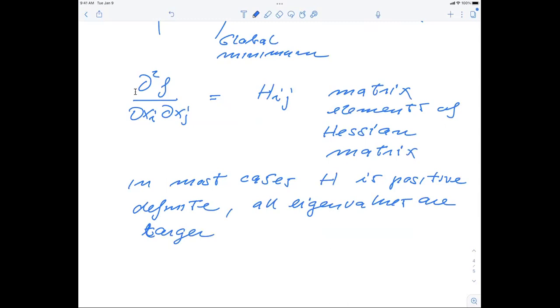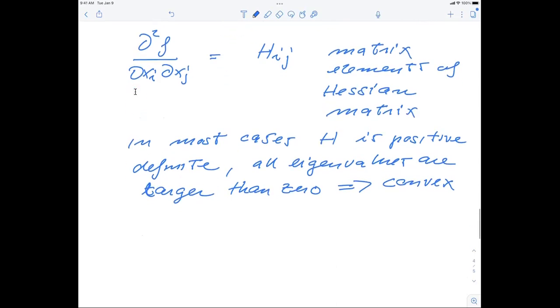So the matrix can also be semi-positive definite. If it's not a positive definite matrix, then we do not have a convex optimization problem. I'm just stating this from gradient optimization theory.